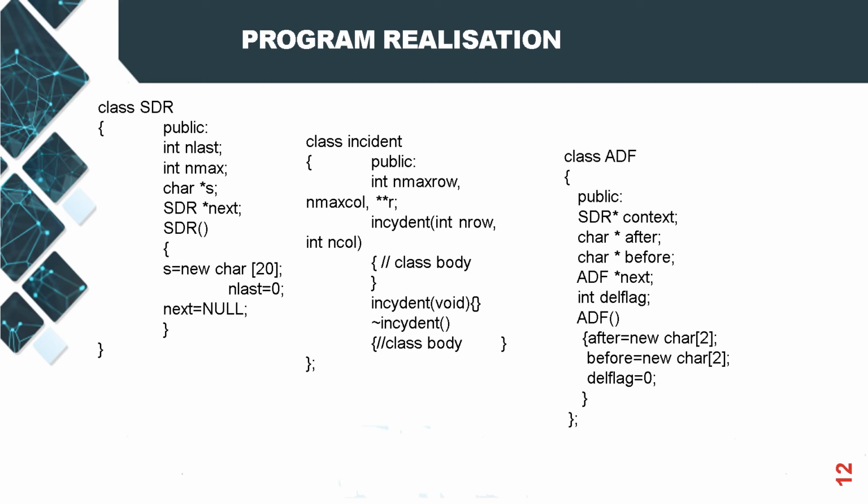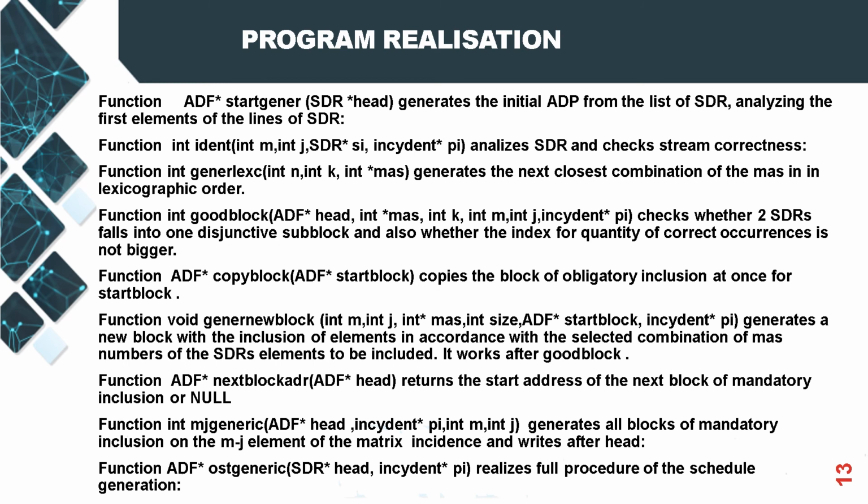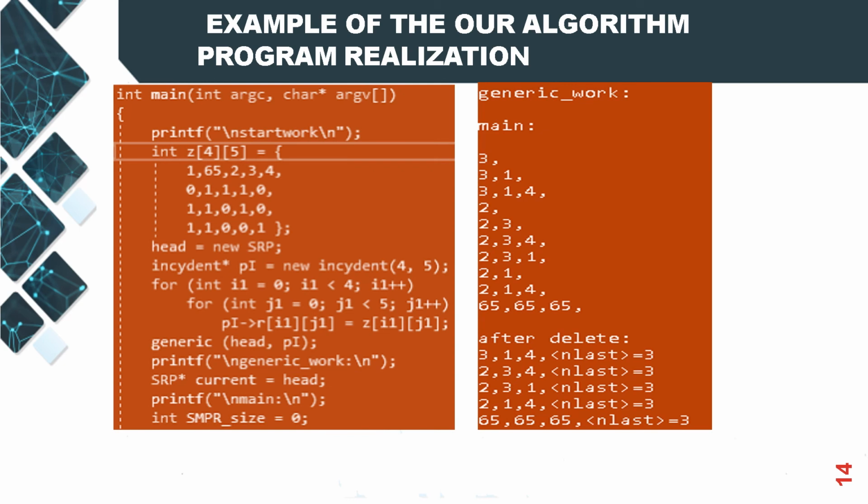We construct a system of special classes and create a number of special functions for our program realization, such as start getter, which generates the initial ADF, ident, which analyzes CDR and checks correctness, generate legs, good blocks, copy blocks, generate new blocks, and so on, a number of functions.